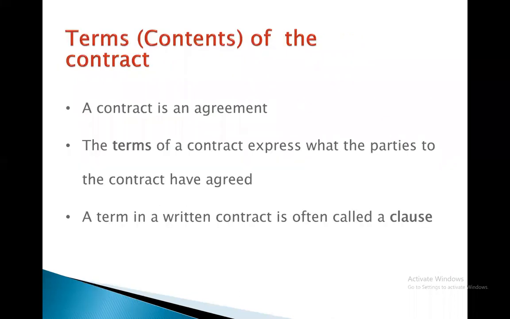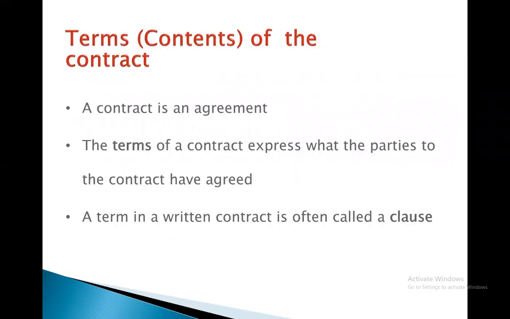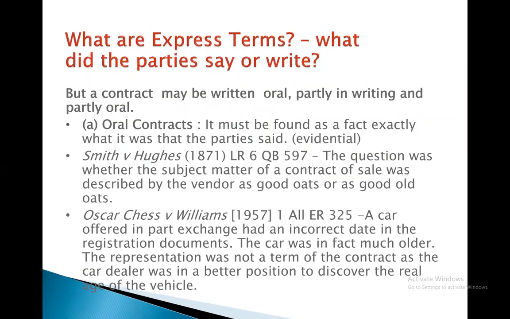Another point to remember is that, as we stated earlier on, we are talking about express terms and implied terms. So we would first and foremost explain what these two mean, and then we take them one after the other.